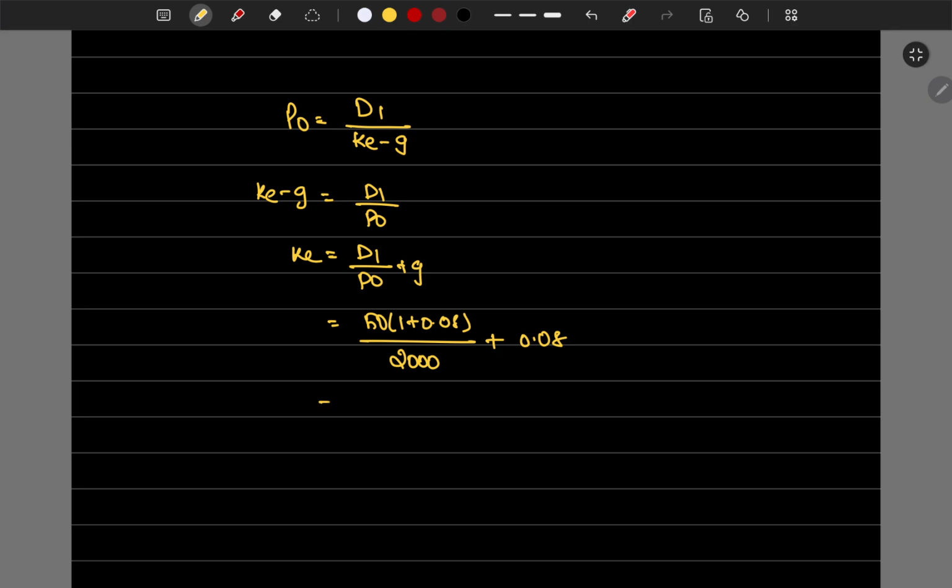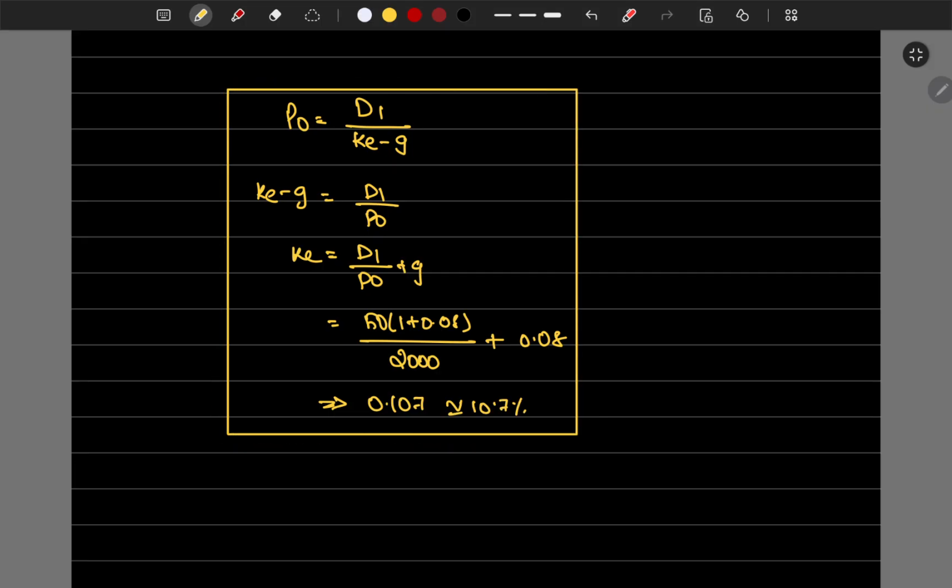We calculate this: 50 into 1.08 divided by 2000 plus 0.08, which is 0.107, or 10.7%. Okay, so we have calculated the KE.